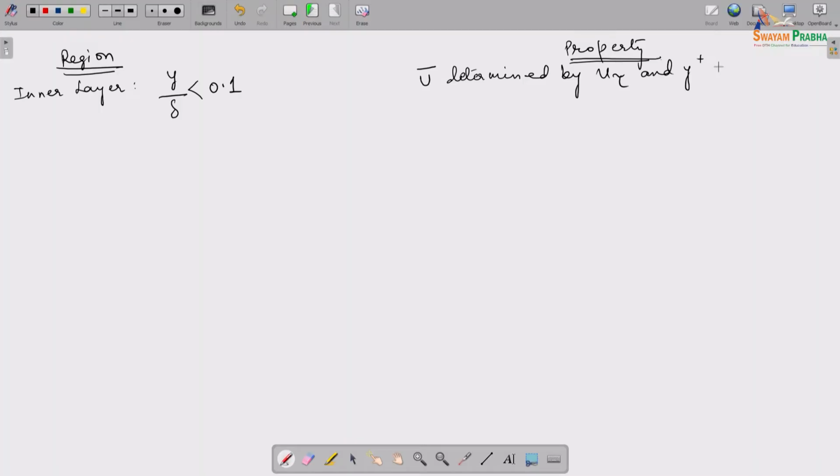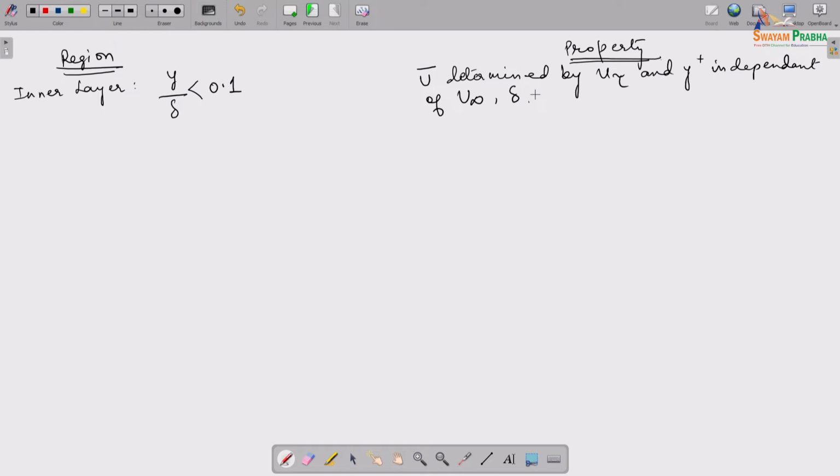So in here the mean velocity is determined by u tau and y plus, which is independent of the free stream and boundary layer thickness. This is something that we said earlier, right? That's the inner layer.